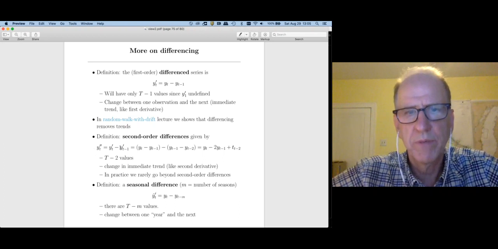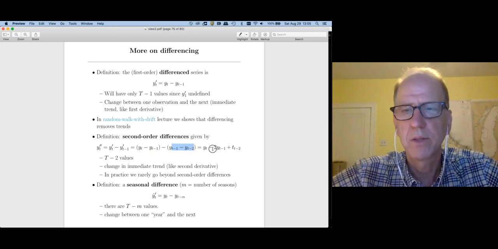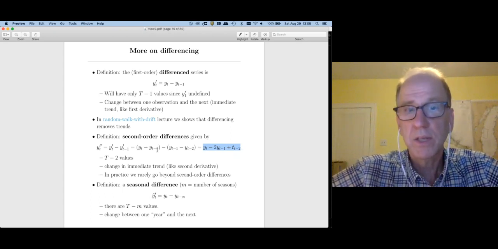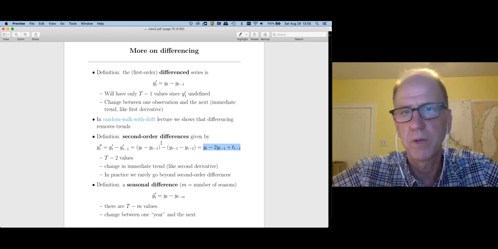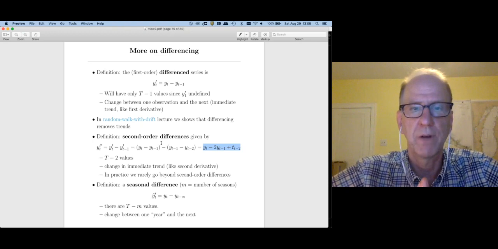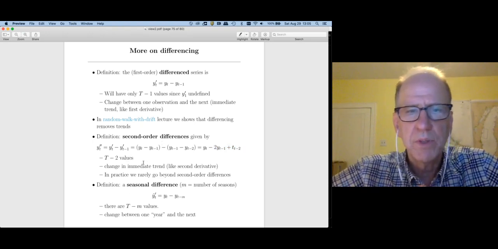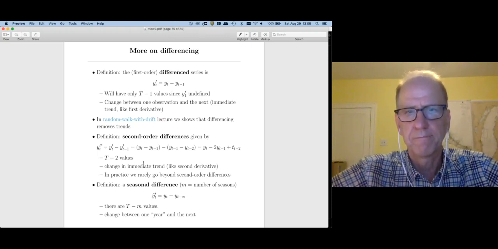Well, we can do a little bit of algebra, so go plug in what the y prime t is, go plug in what y prime t minus 1 is, and this gives us an expression for that second order difference. In this case, there's only going to be t minus 2 values, since both y double prime 1 and y double prime 2 are not defined. We can interpret this as the change in the immediate trend.